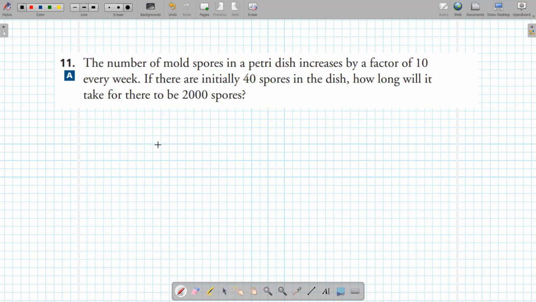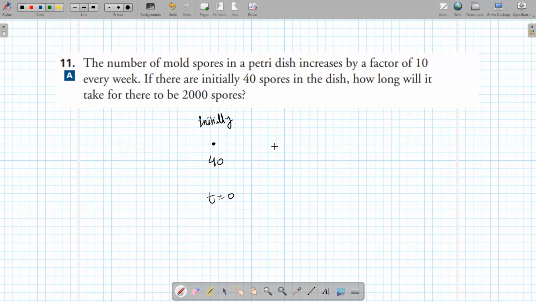Okay, let's look at this. Kind of a tricky question, or is it? It's not. So what is this saying? There's some bacteria, whatever. So there's 40 here. Initially, there's 40. This is today. You can think of it that way. Today, when time is 0, there's 40, whatever this is, mold spores.